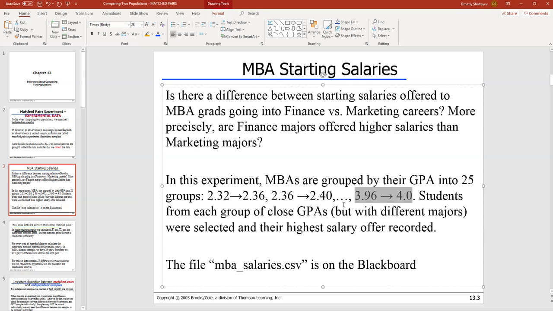In our data set, each line will represent two different MBAs, one with a finance concentration, another with a marketing concentration, but what's common among them is they have exactly the same, really close GPA. So our matching criteria, or matching rule, in that case is going to be GPA, right?